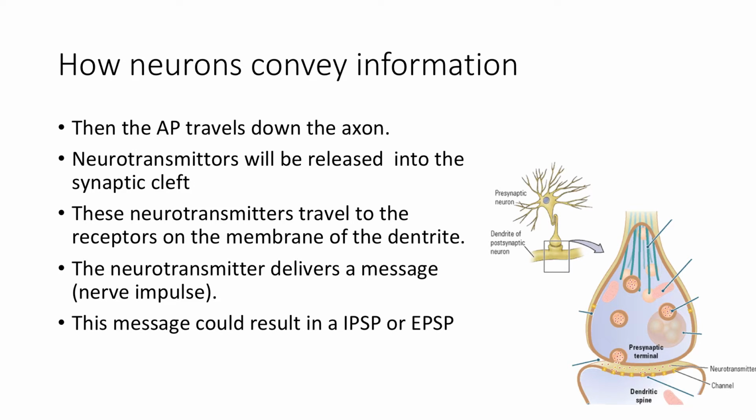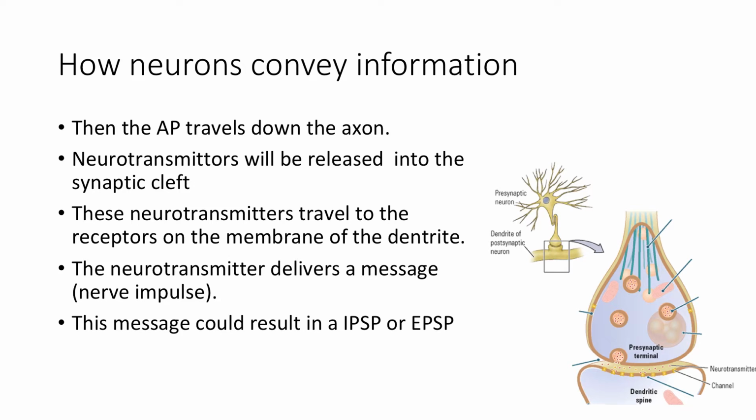These neurotransmitters will diffuse over the synaptic cleft, and they will travel to the receptors on the membrane of the postsynaptic cell, which is the dendrite. Then these neurotransmitters will bind to receptors, and these receptors are proteins embedded in the postsynaptic membrane. And whenever that happens, this receptor will deliver a message to the cell.